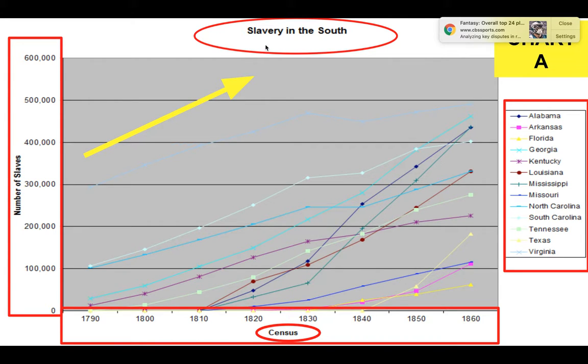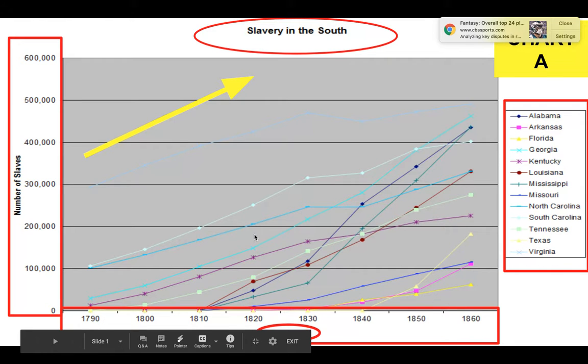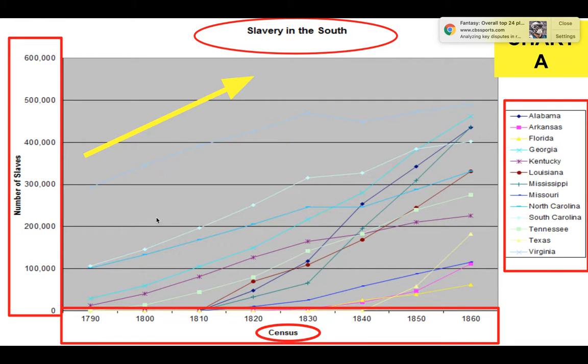So right away, I can say that the number of slaves in the South seems to be going up between the years 1790 and 1860. Some states increase a lot more than others, and some are going up a little more slowly. But that's what we want you to do with each chart: begin to break it down slowly.